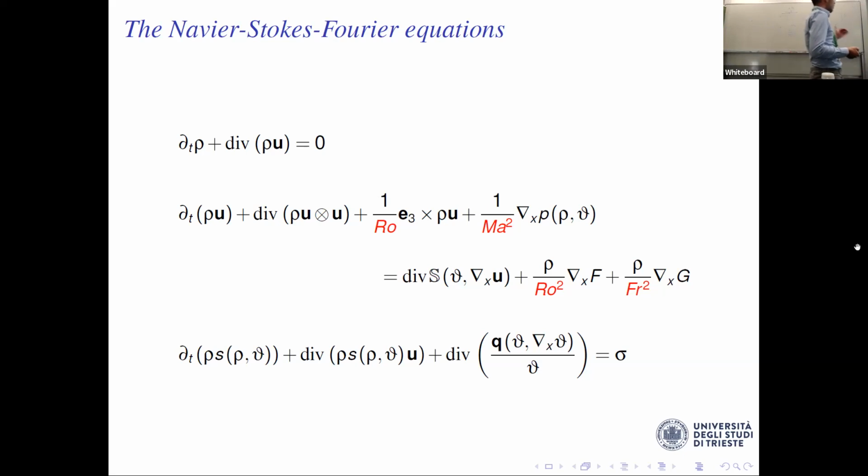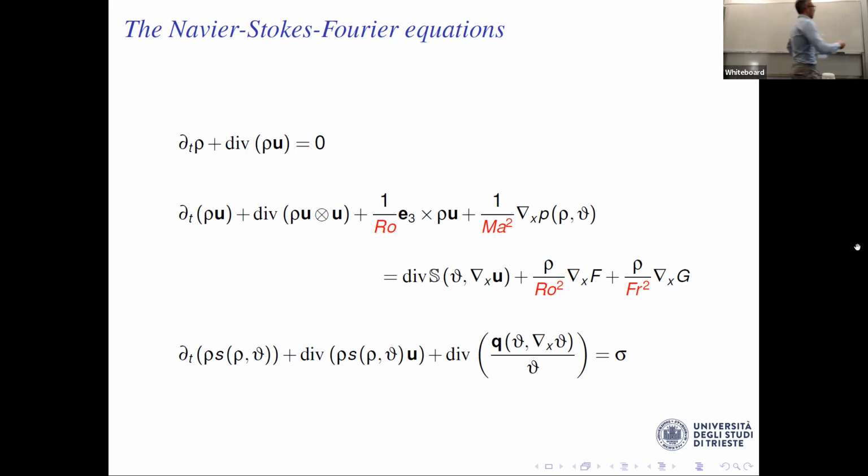That means the smaller the Mach number is, the more incompressible your fluid is. The last dimensionless number is in front of the gravitational term, that is the Froude number, and this number measures the importance of the stratification effect.